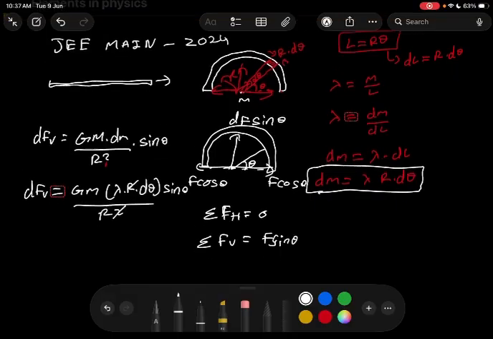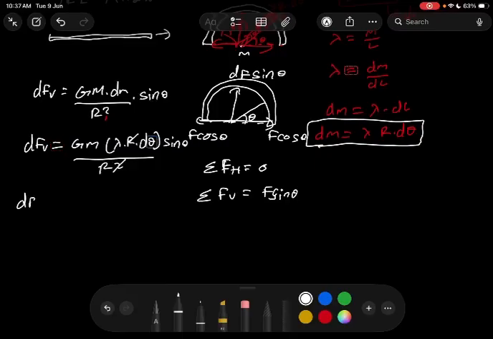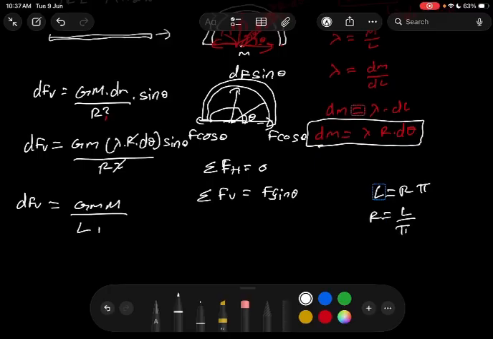I'm just going to cancel this. The F vertical is just G m, and lambda is nothing but mass by length. What is R? L equals R theta, and the theta that it is covering is pi, 180 degrees. 180 degrees is nothing but pi. So R equals L by pi.